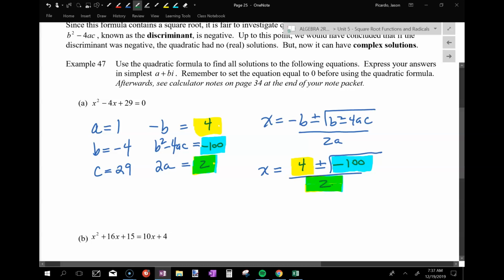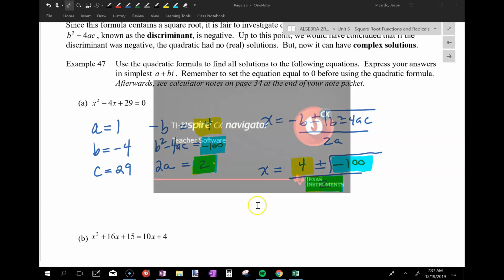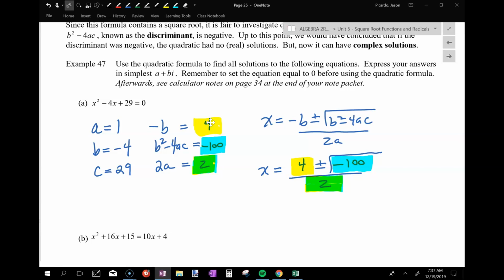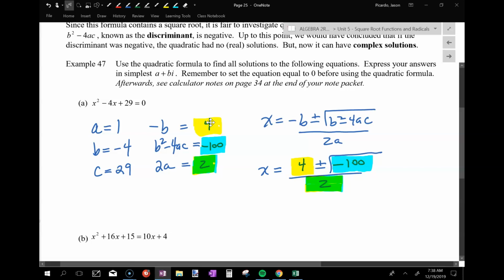Now, before we actually talk about this, and again, I emphasize certain things on purpose in class, guys, right? This is an example of a quadratic equation, right? What makes it a quadratic equation? You got a square in it, and it's set equal to 0. If I asked you guys to find the solutions to this, what would be the very first thing you would do?